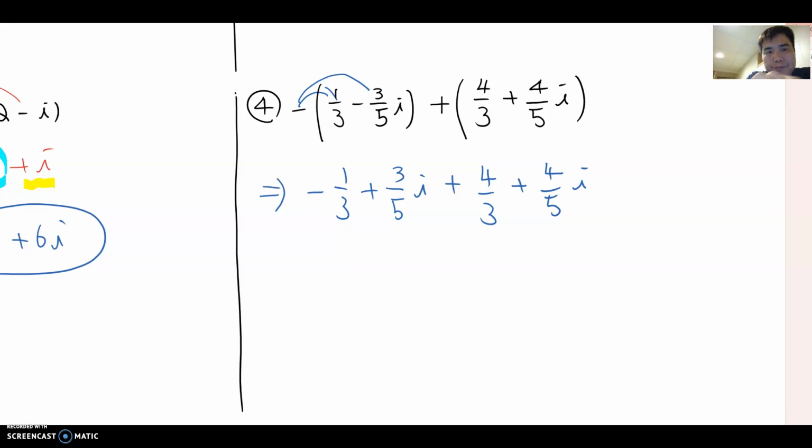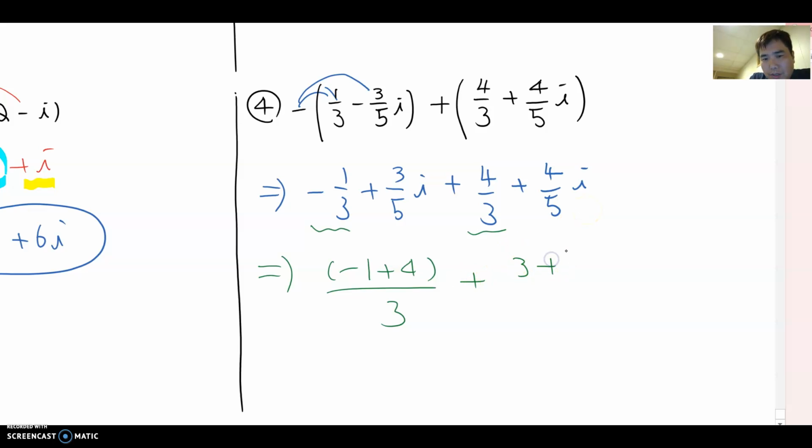So this becomes negative 1/3 plus 4/3. Fortunately, we have the same denominator, so you can just combine the numerators, which is negative 1 plus 4 over 3. Now the 3 plus 4 i over 5 here.